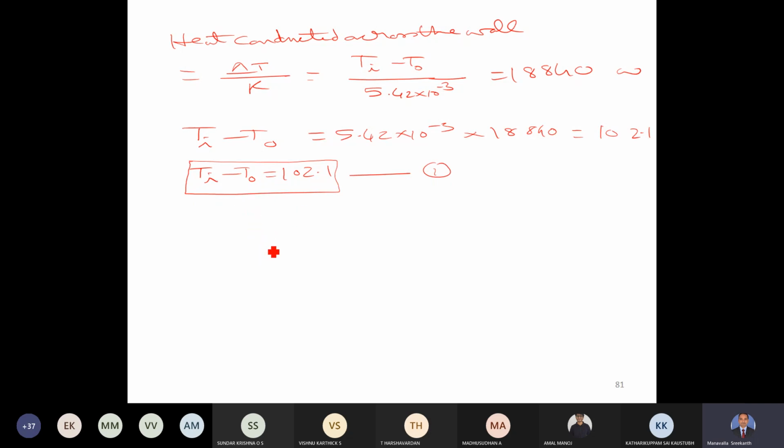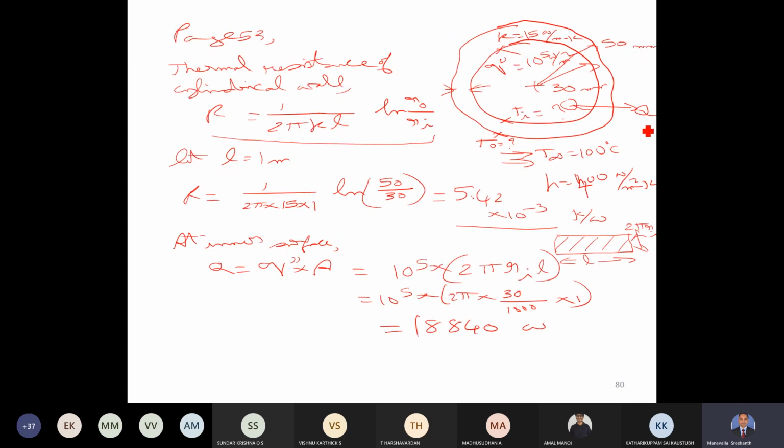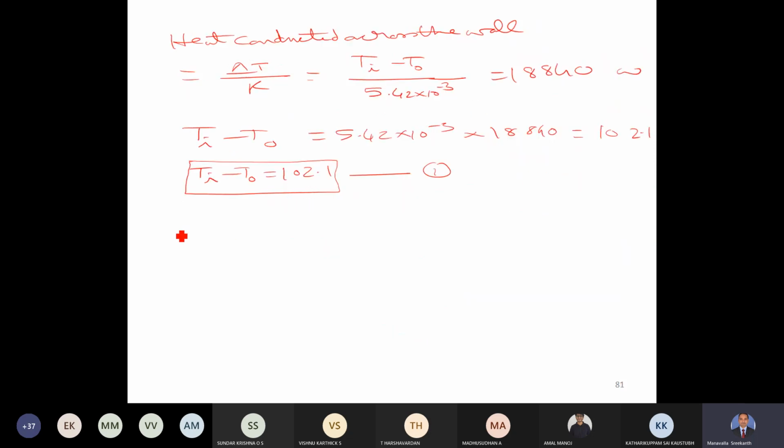We need another equation. So for another equation, what we do is we write the heat transfer equation for the convection part. From the outside wall to the medium, there is convection taking place. So I will write the convection heat transfer equation.